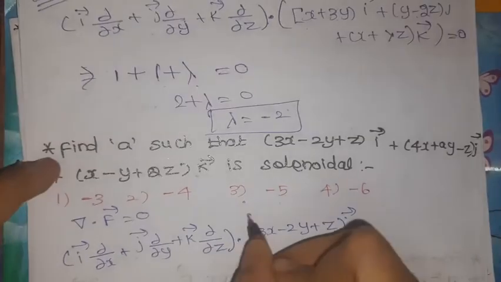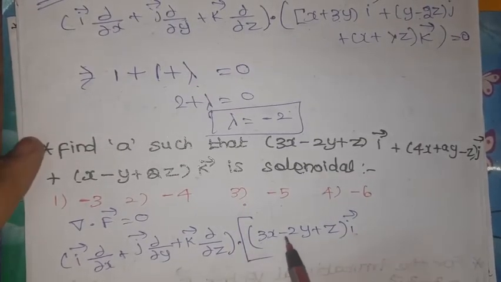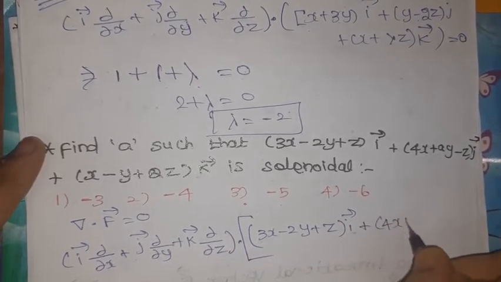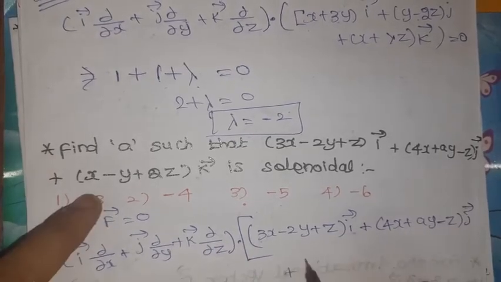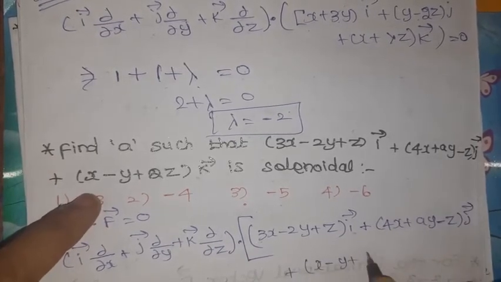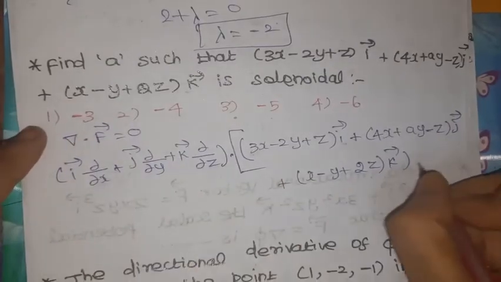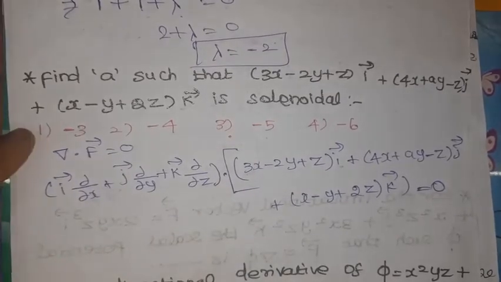Okay, now for our understanding I am writing it fully: (3x minus 2y plus z) i plus (4x plus ay minus z) j plus (x minus y plus 2z) k. Just do the dot product, which is equal to 0 because the given vector is solenoidal.